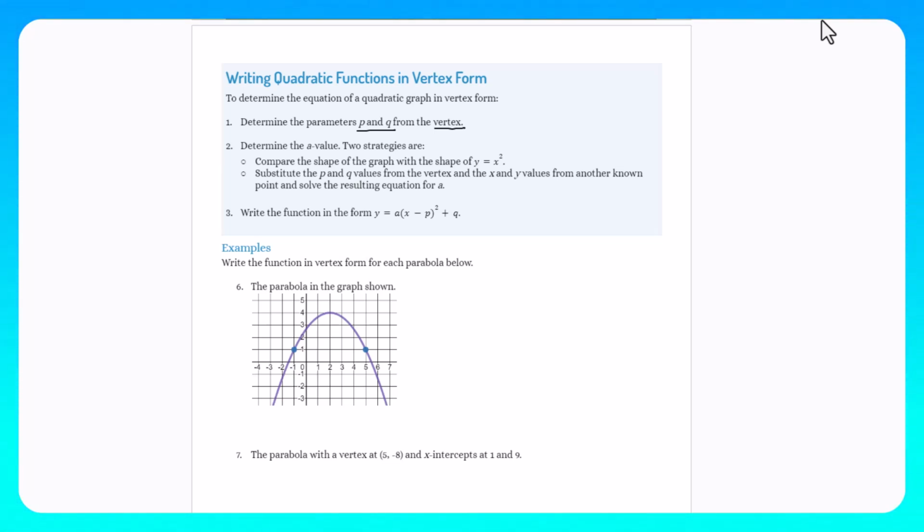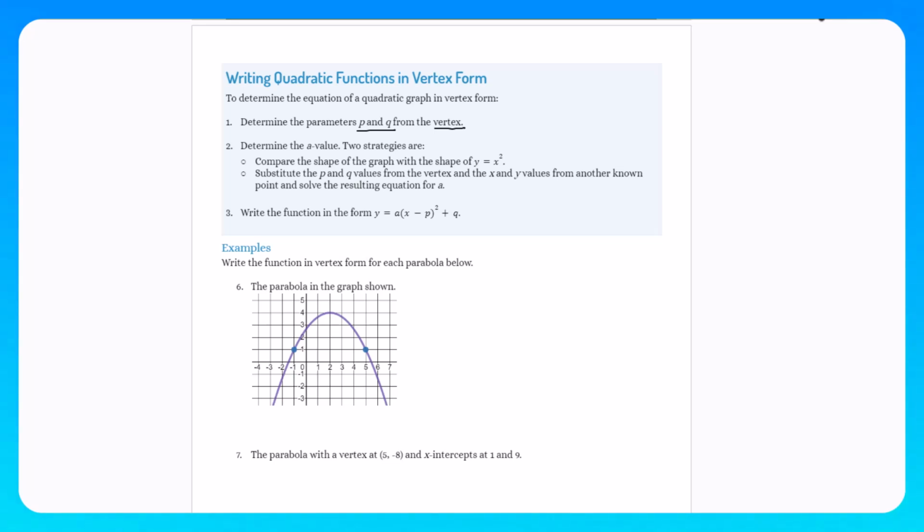Now, for the value of A, there's two things we can do. We compare the shape of the graph with the shape of y equals x squared, but we'd have to be really good at doing that, and that's not always going to be a great option for getting exact values.